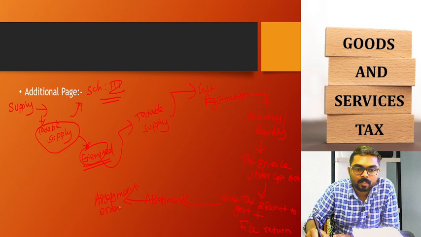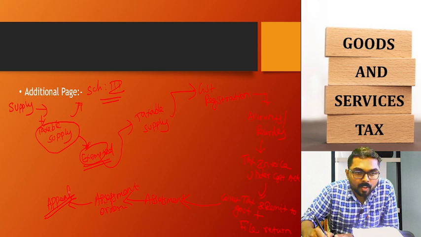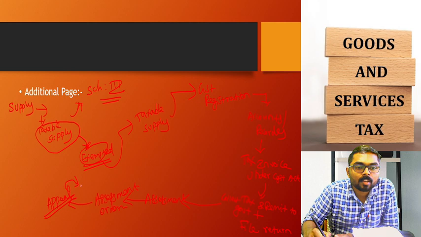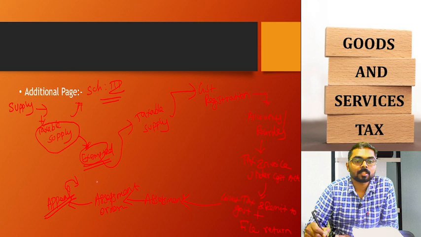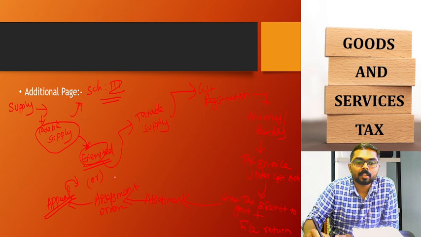Once the assessment order is done, the aggrieved party, the registered person, has an option to go for an appeal. If it is a question of facts, he files an appeal application with the higher authority against the order of the proper officer. Or if it is a question of law, he can file a writ petition with the High Court.